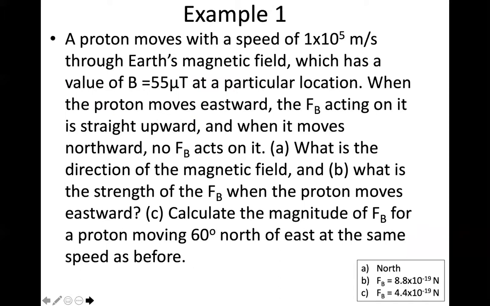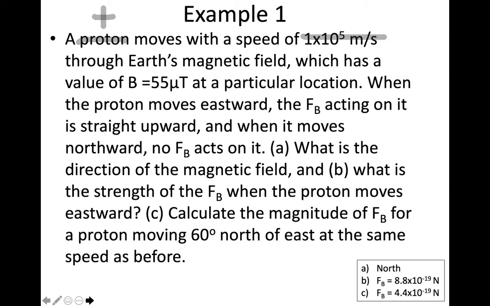Here we go. Proton, that tells me it's a positive charge. Cool. I don't have to flip the direction of my thumb when I'm done. It moves with a speed of that through Earth's magnetic field.